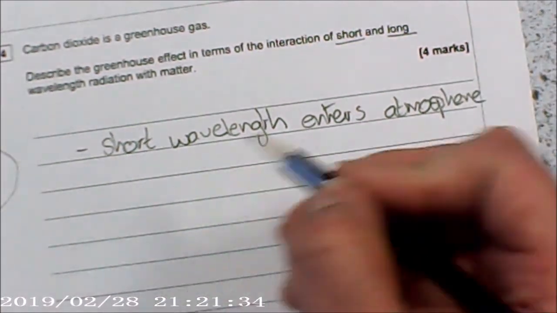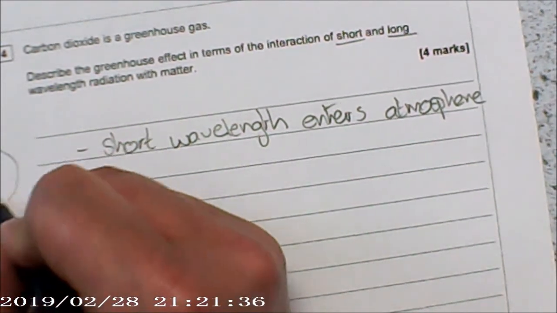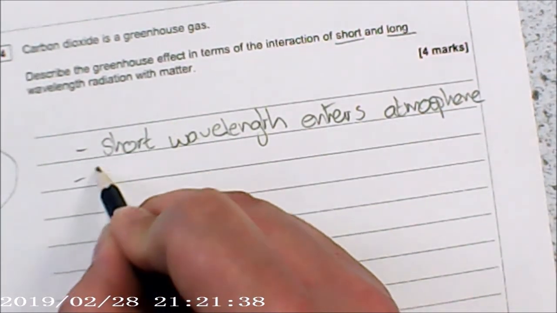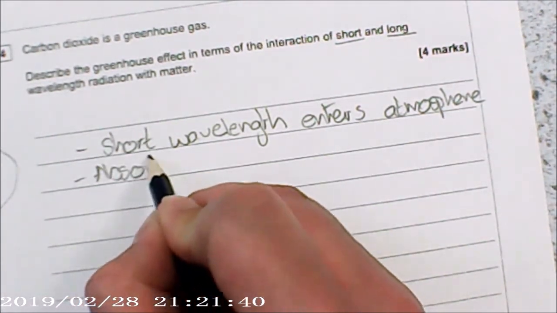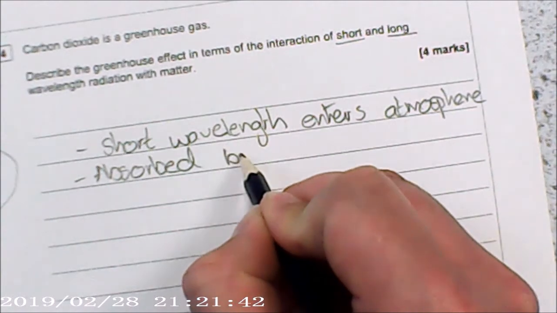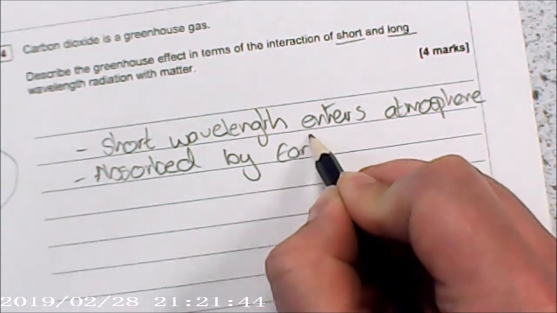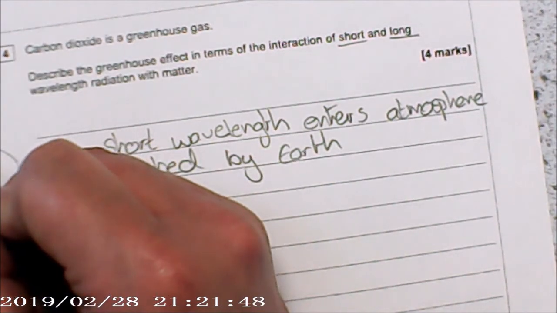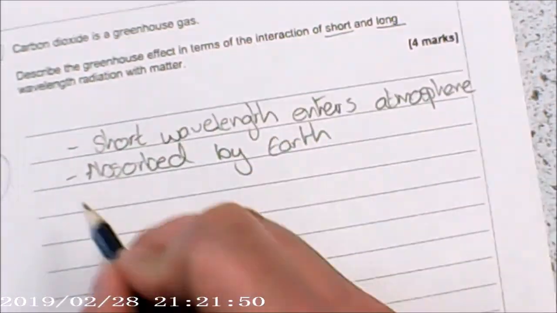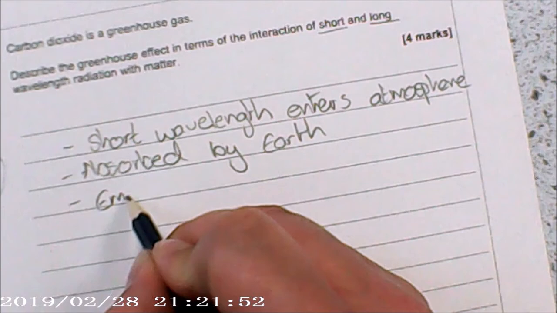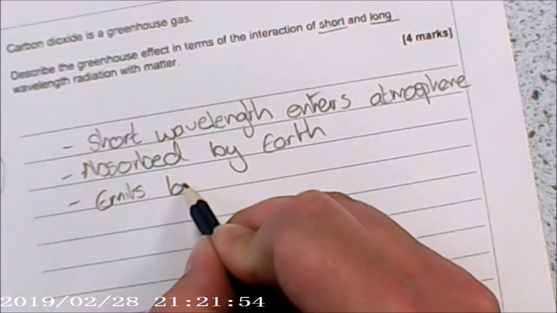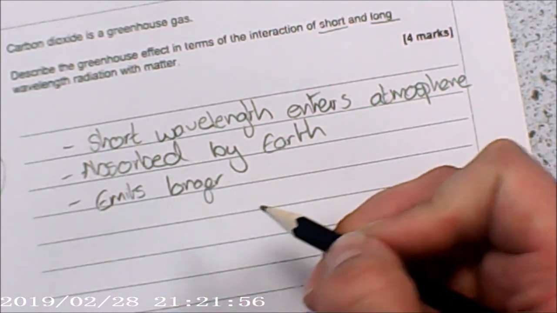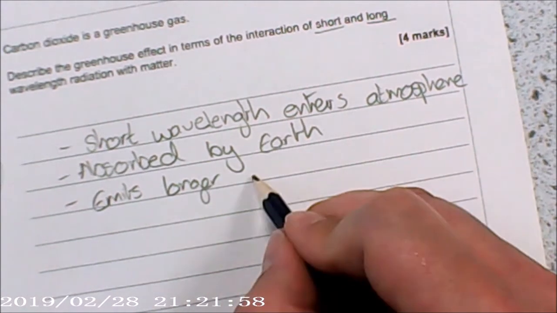Like that, so always starting with a short, then that is absorbed by the Earth. Okay, then it's going to emit the longer wavelengths. So emits longer wavelengths. If you say emits infrared, that's absolutely fine.